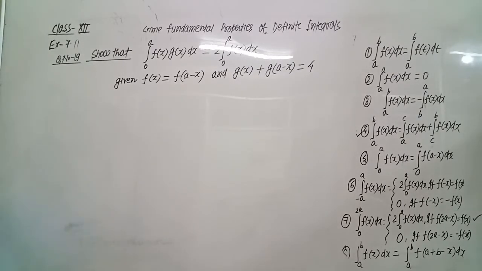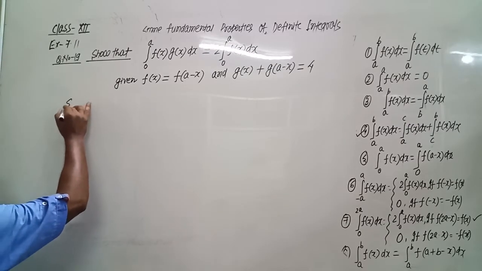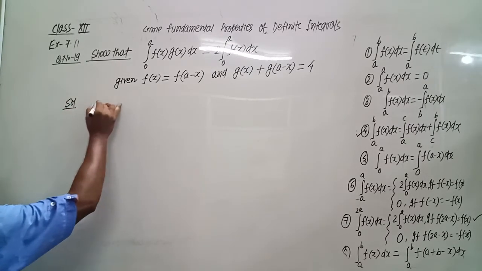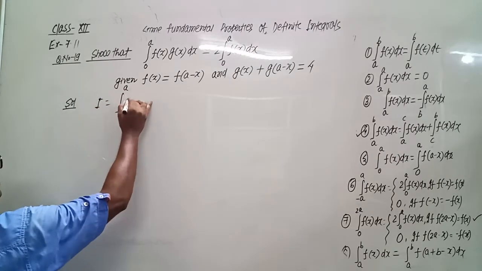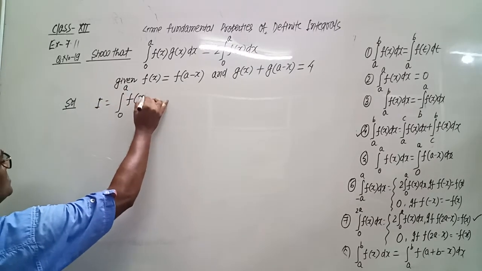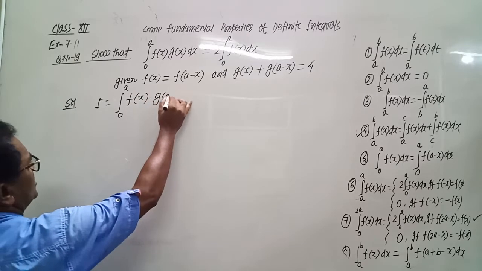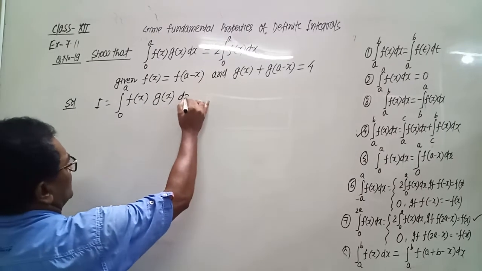So the question: I equals integration 0 to a of f(x) into g(x) dx.